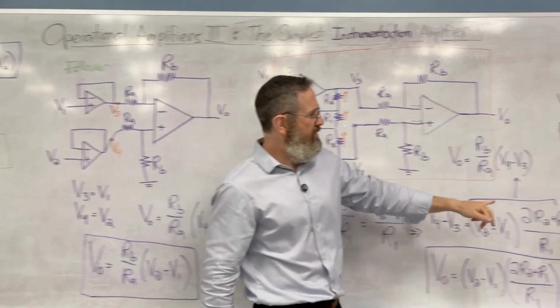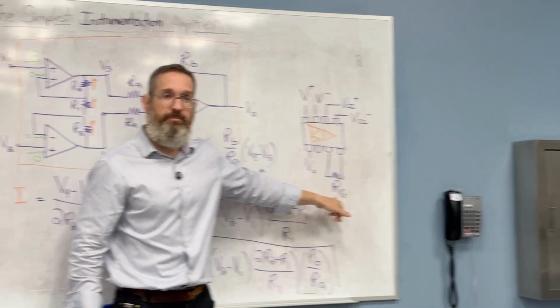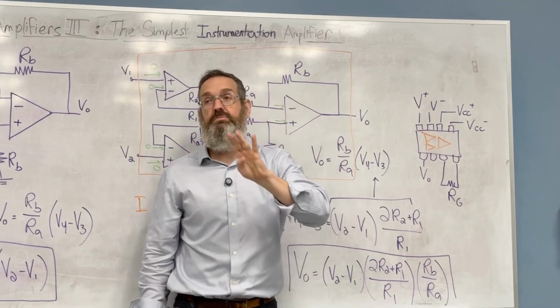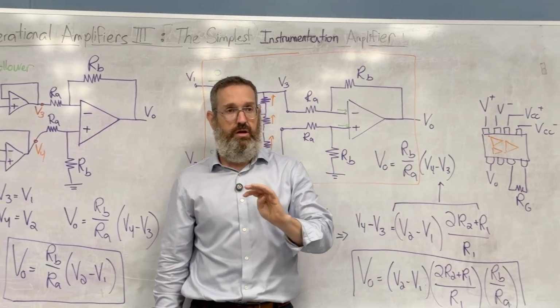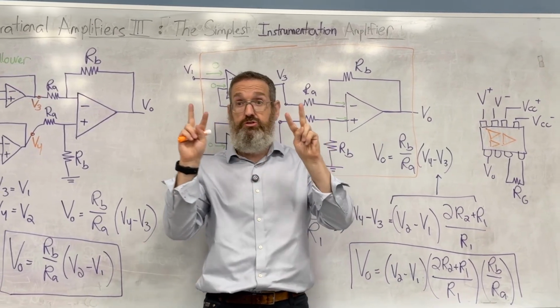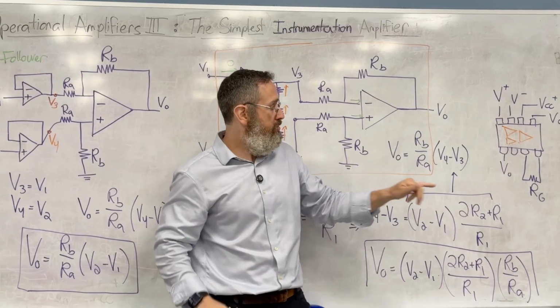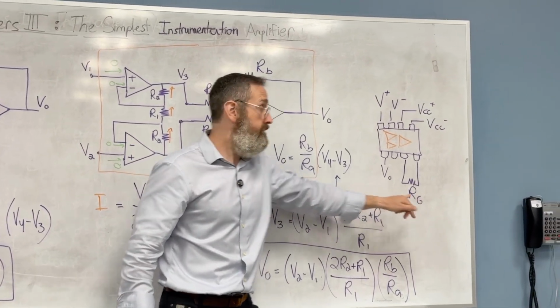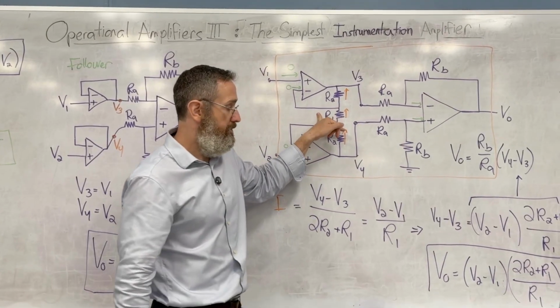But I also told you there's only a single resistor here. So when you make this circuit, you don't need to pick 4 resistors. And you don't need to make sure that there is this perfect parity between the 2 pairs. You only need to pick one. This one is R1.